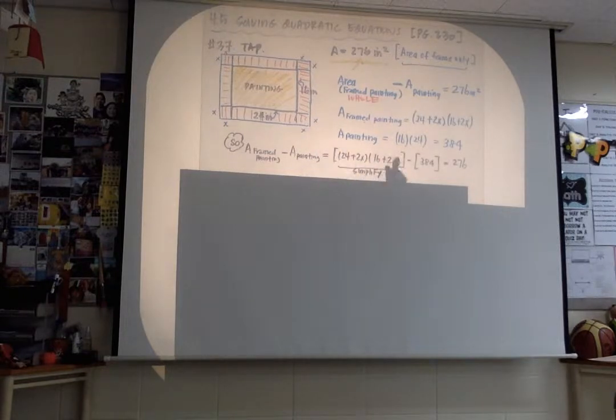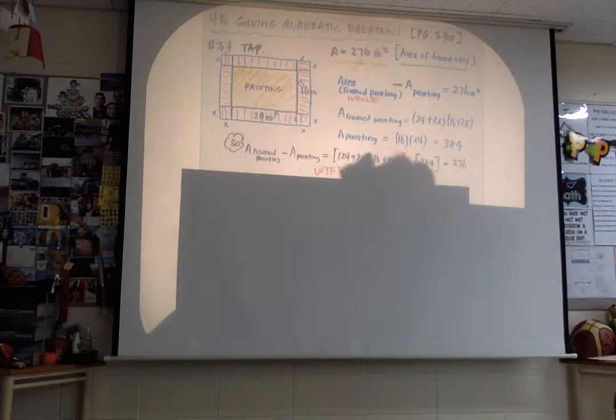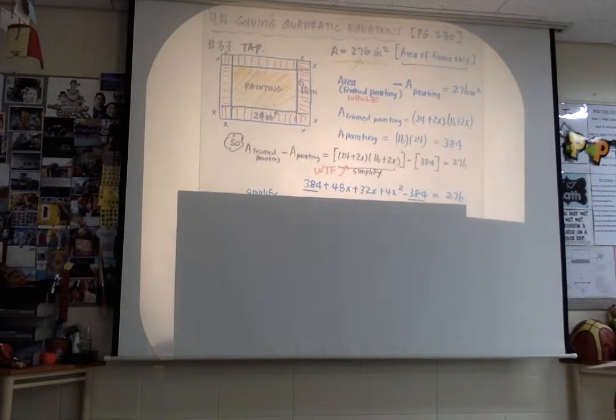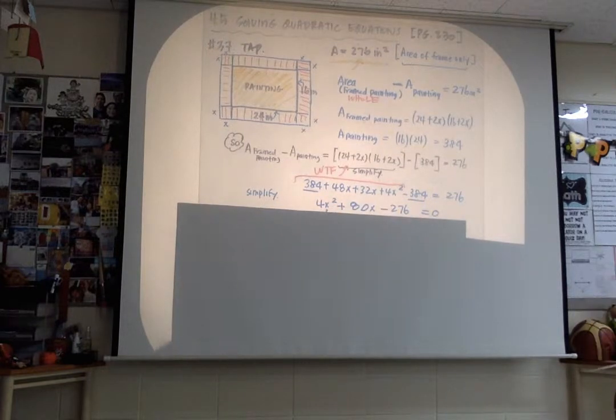Now all I do is I simplify this. I factor this part, and I noticed that the 384s will drop out. So when I simplify that, I get this, because I've now subtracted 276 from both sides.